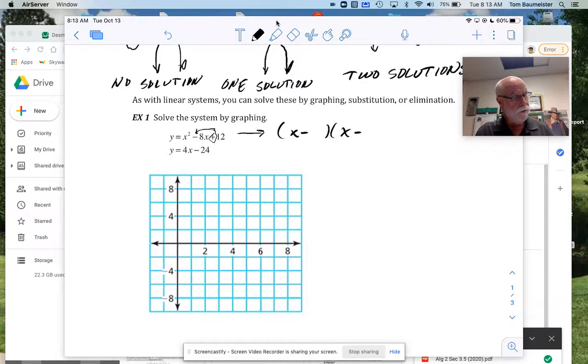Then we're going to ask ourselves, what are factors of 12 that add to negative 8? Well, you would tell me it's negative 6 and negative 2, is equal to 0. So by the zero product property, we can say that x is equal to 6 or x is equal to 2.